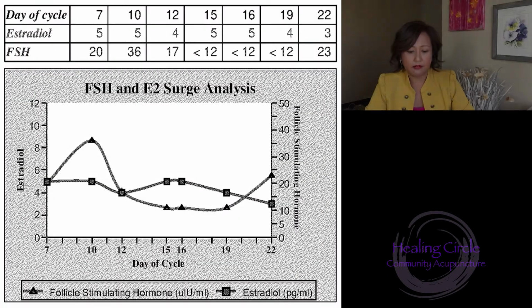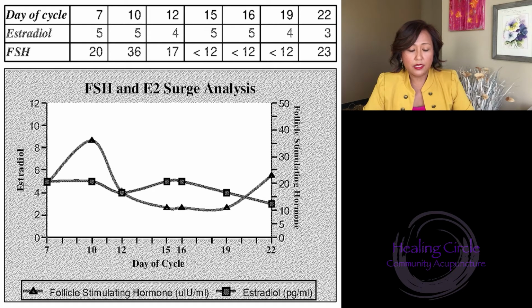Okay, all right. So when you look on the left hand side where it says FSH and E2 saliva analysis, what we want to look at is towards the very end of that table, let's say at day number 23, I am interested in an FSH level that is closer to 60. In some of these patients, they are registering at 137, and some are registering at 23, and one patient actually registered at less than 12.